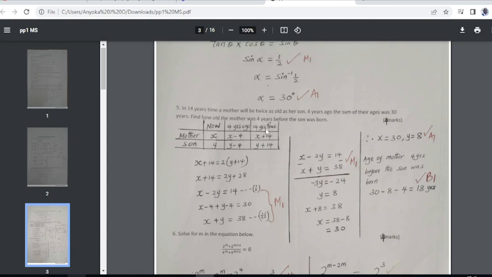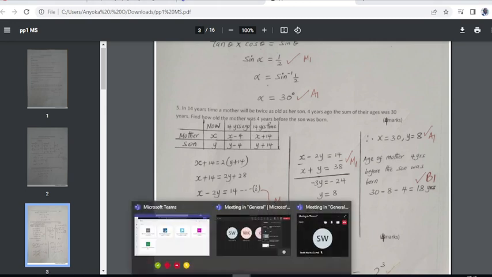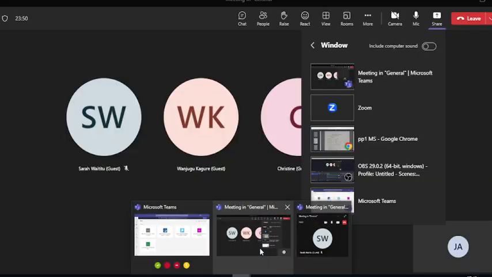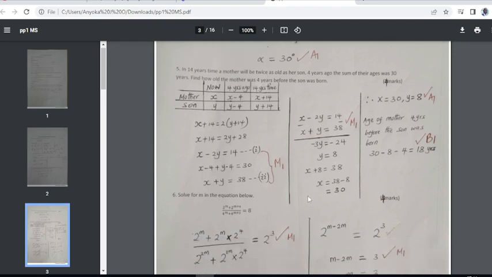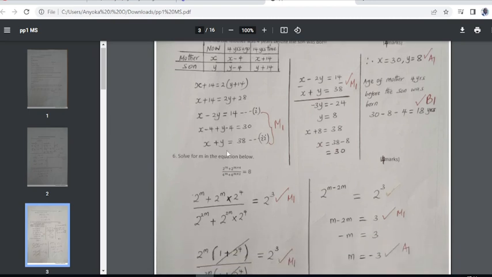So you go to the column which is representing 14 years' time, X plus 14 and Y plus 14, we form an equation: X plus 14 is equal to 2 times Y plus 14. Evaluate: X minus 2Y is equal to 14. So we have 2 equations. We solve them simultaneously using whichever method you decide.